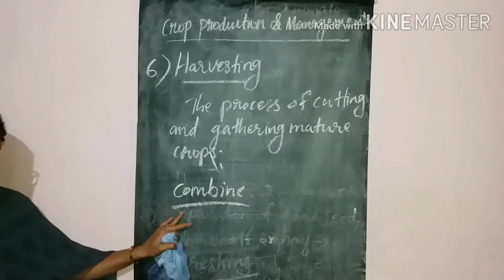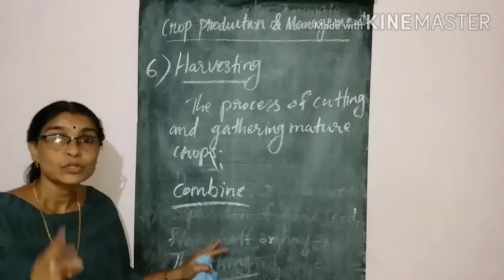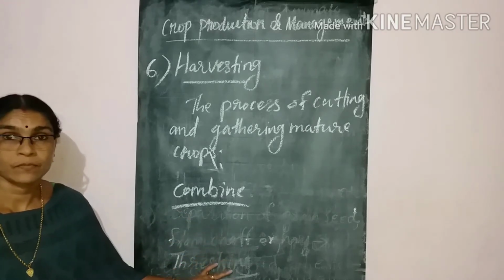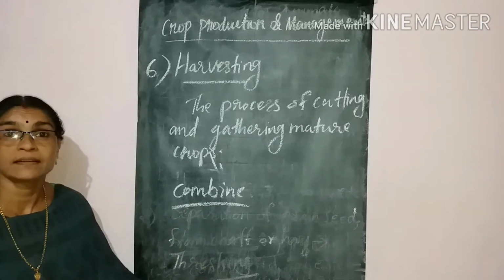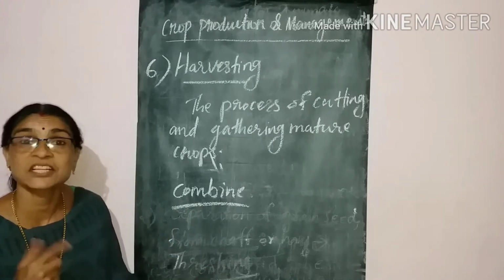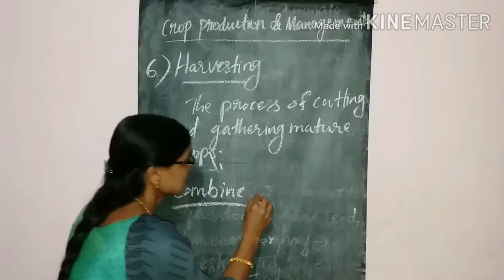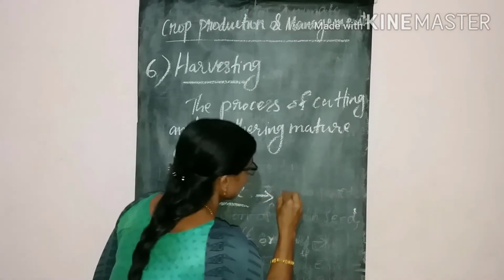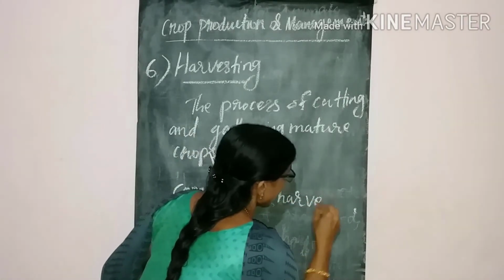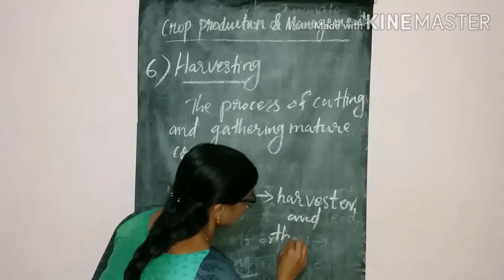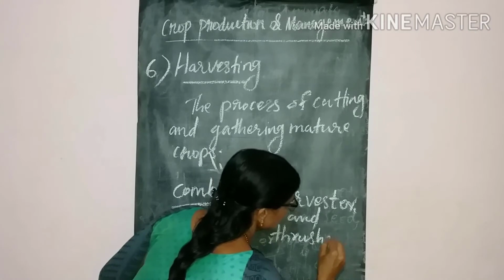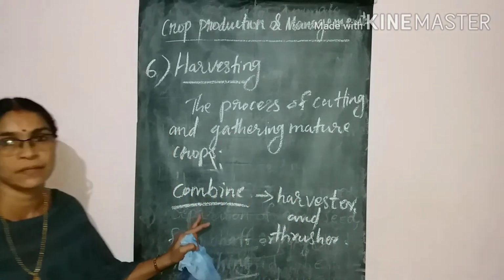The combine is used for two purposes. It is used for harvesting as well as for threshing. So the combine acts as a harvester and thresher. For both purposes, we are using the combine, the machine.